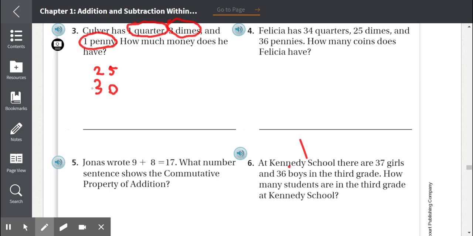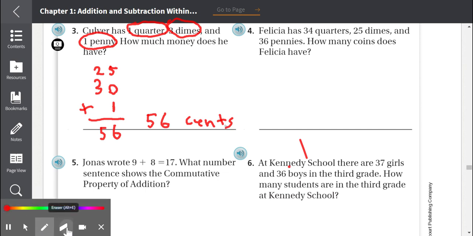And 1 penny. 1 penny is 1 cent. So when we add these together, 5 plus 0 plus 1, we get 6. And 2 plus 3 is 5. So 56 cents.